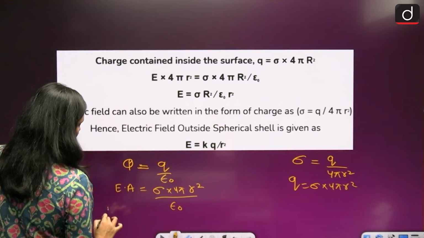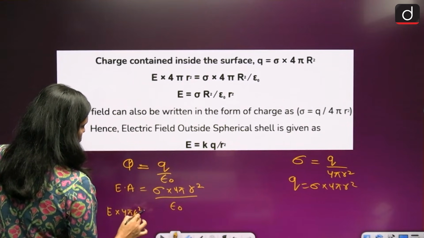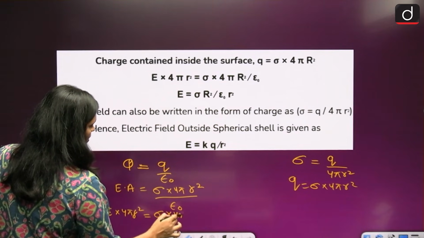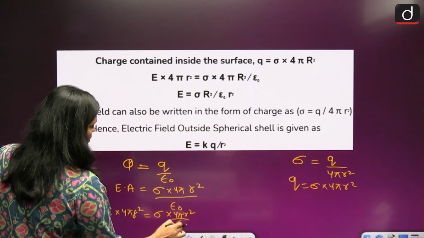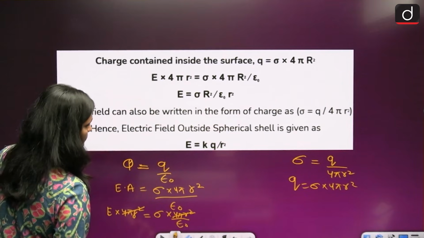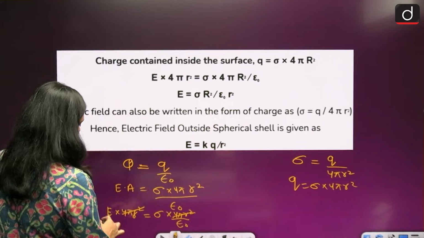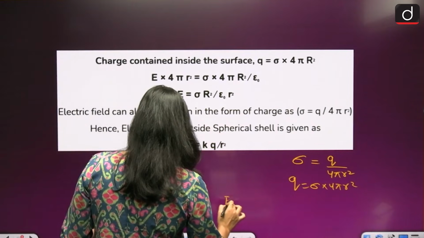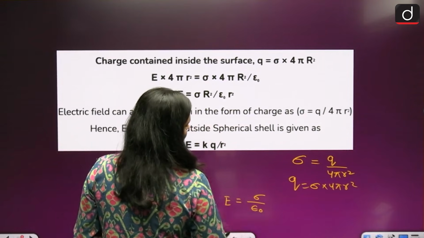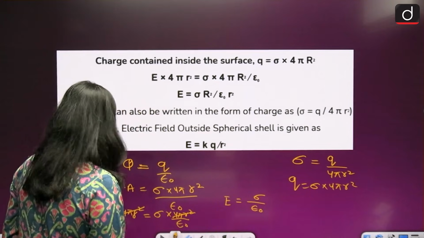This value cancels out, so what you get? E is equal to sigma by epsilon naught, simply sigma by epsilon naught, right?